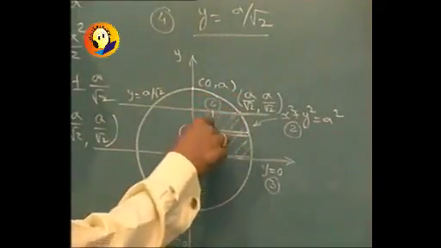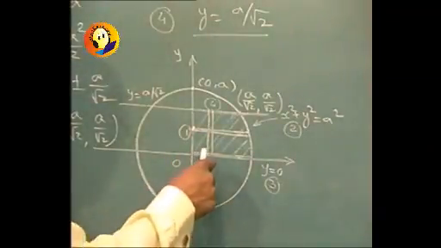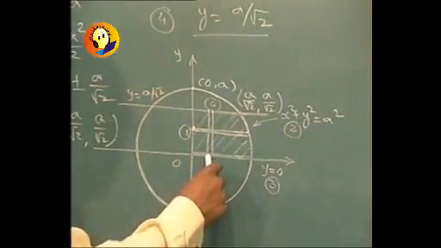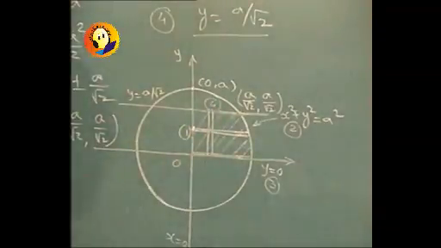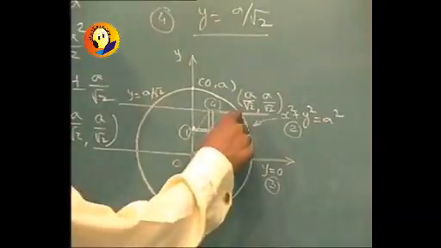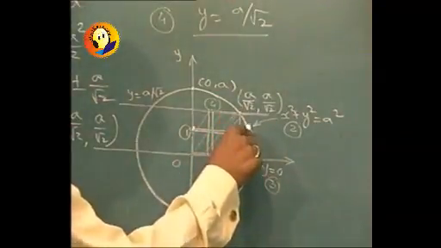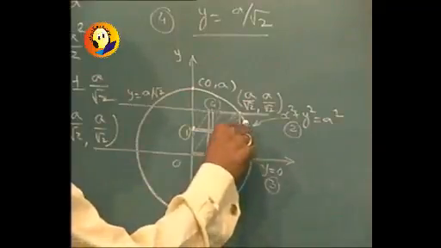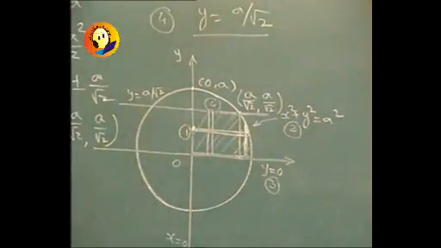If we take a strip parallel to the y-axis, then on the strip y varies from y equal to 0 to y equal to a upon root 2, but this is not a universal thing. In this particular region, the strip will start on the x-axis but will go up to the circle.